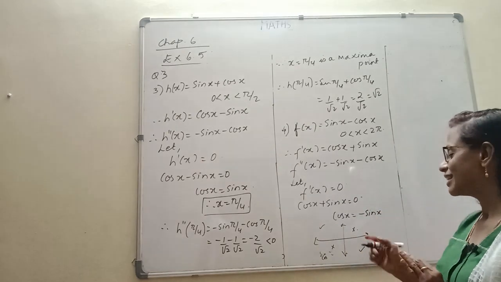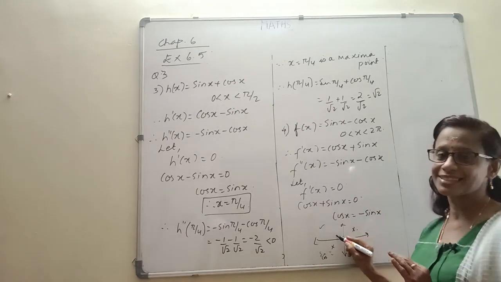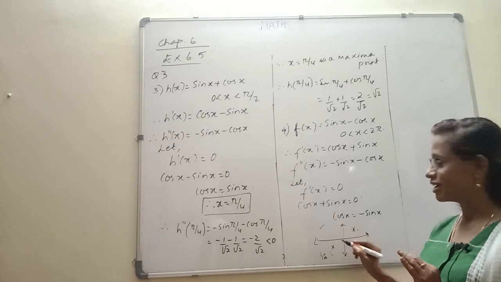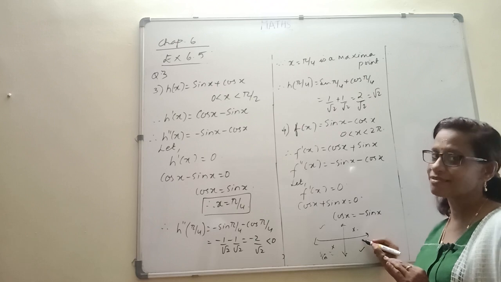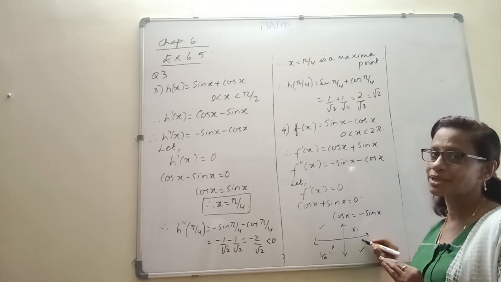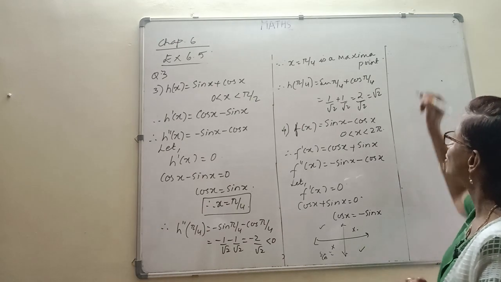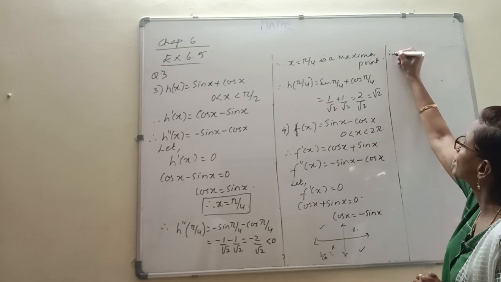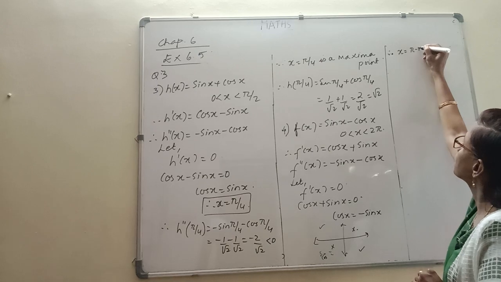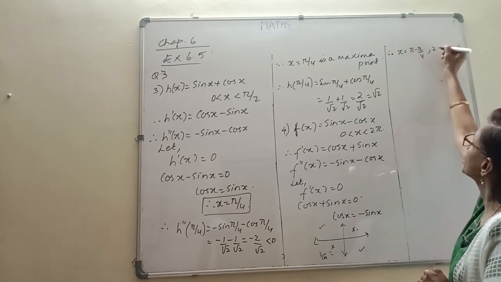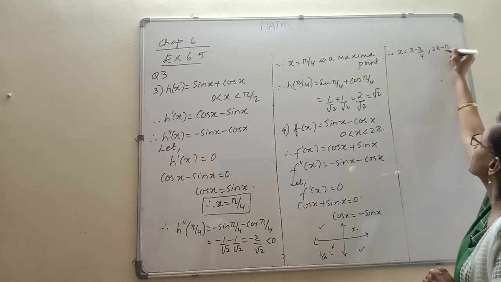So here it's pi minus pi by 4, and here it is 2 pi minus pi by 4. These are the two places where you have sin x becoming equal to minus cos x. So x can be either pi minus pi by 4 or 2 pi minus pi by 4.